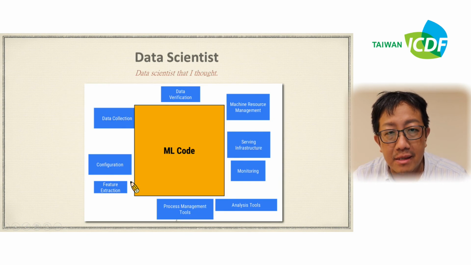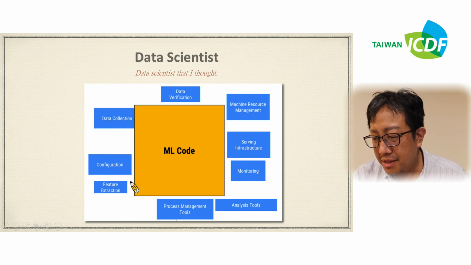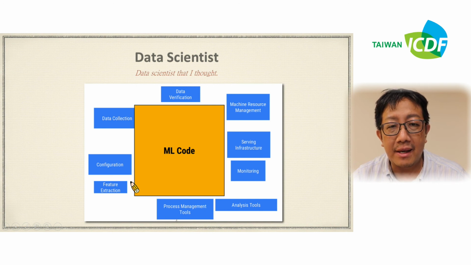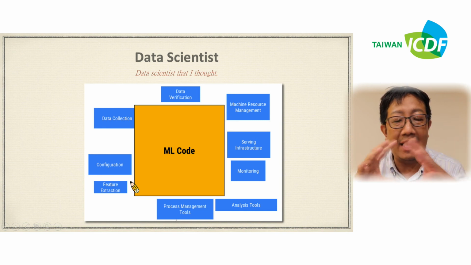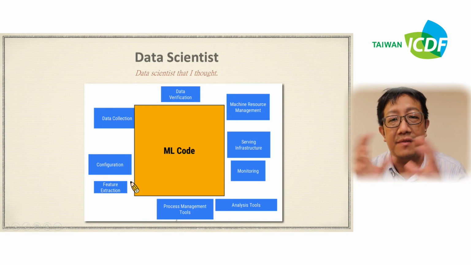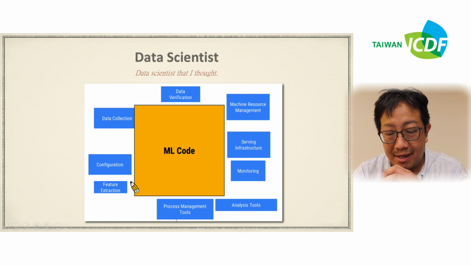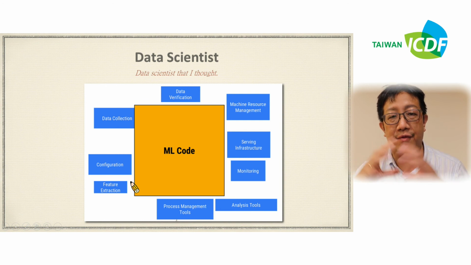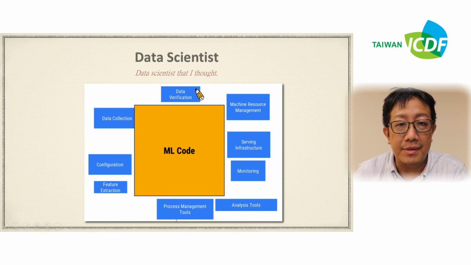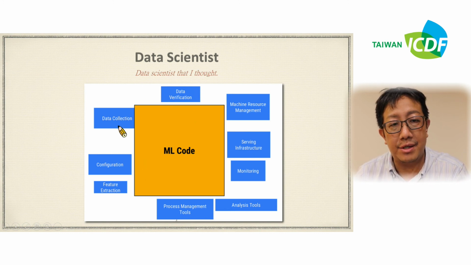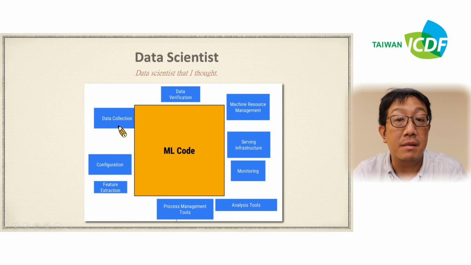About the data scientists, we might think they are the people taking care of most of the machine learning code. They're taking care of all the AI stuff, very, very complicated, very, very busy, full of mathematics. And of course, they have to take care of the data part: the collection, the configuration, extraction, the process management.